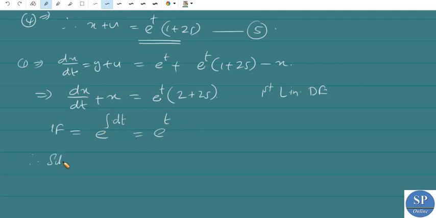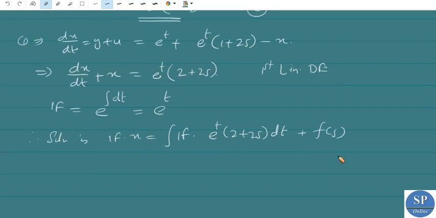Therefore, the solution of this equation is integrating factor into x equal to integrating factor into the right side. Right side is e power t into 2 plus 2s dt, plus a constant of integration.